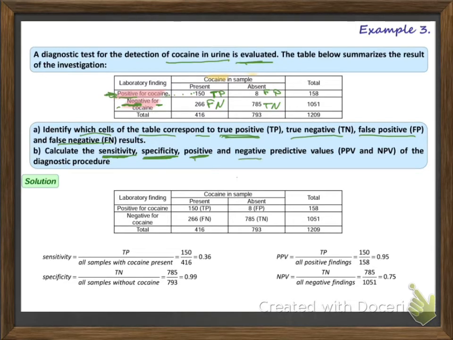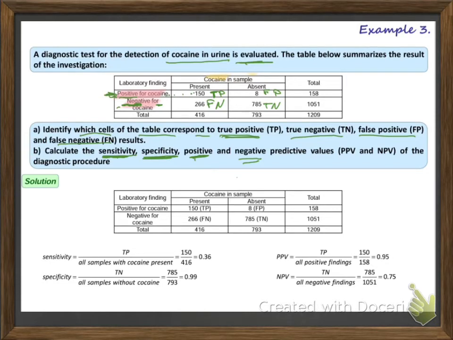The negative, the same thing, the negative predictive value, NPV, of the diagnostic procedure. All this we have already reviewed and studied in detail in part 2 of seminar 9. The video is available. If you don't remember them or want to refresh your memory, you can recheck the video again.